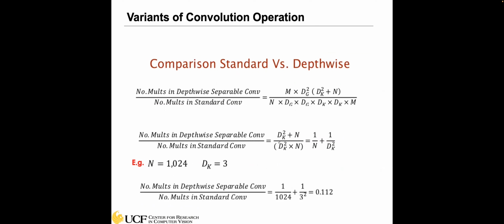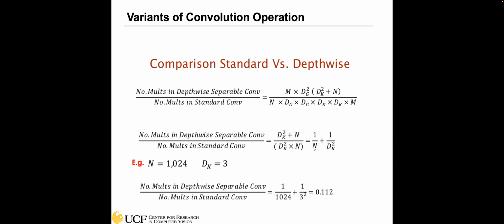I list the numbers here. The number of multiplications in depth-wise separable convolution is here, and the number of multiplications in the standard convolution is here, and this is the ratio we get.